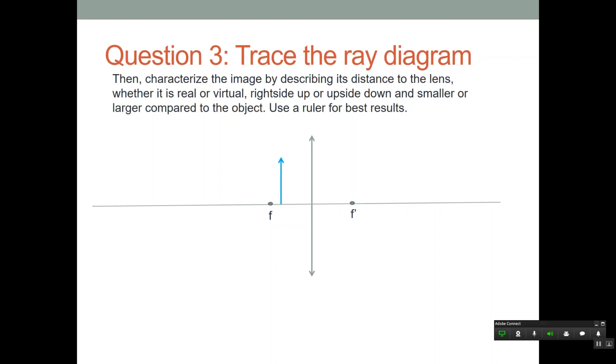The focal point, like this, and then you have to reverse. Is it this one?